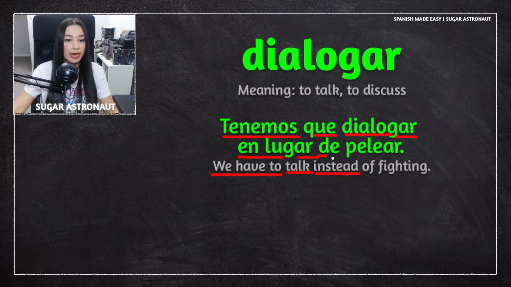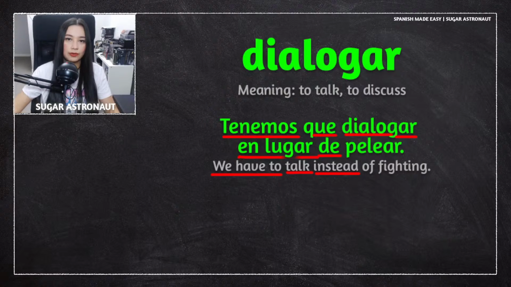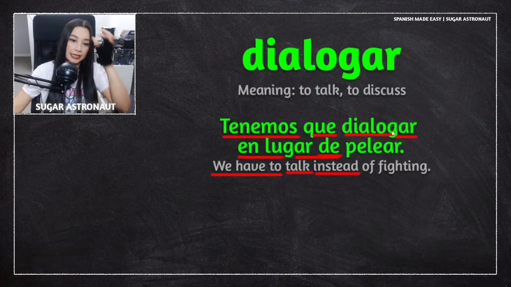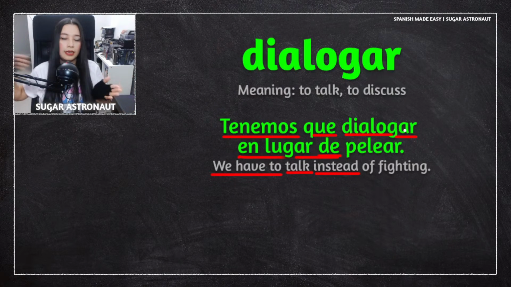Now, when you add de, you're adding more to the phrase. En lugar de is a common phrase to find in the middle of sentences because you are saying, instead of doing this, let's do this. Okay? Or let's do this instead of this other thing. So, en lugar de means instead.